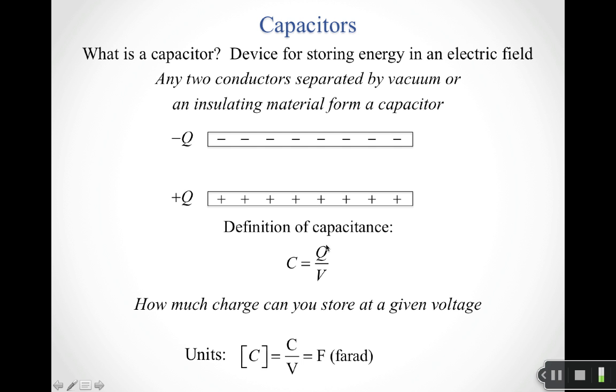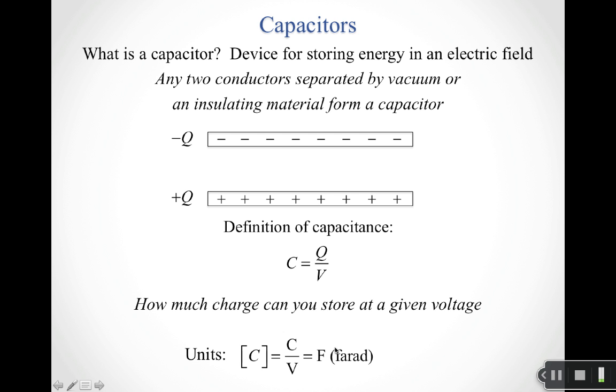So if we look at this equation in terms of units, we see that the units of capacitance are nothing more than the units of charge, coulombs, divided by the units of potential, volts. So coulombs per volt is one way to think about the units of capacitance. The SI unit we most commonly use is known as the farad, and this may seem like a very strange word, but it's really just short for Faraday.